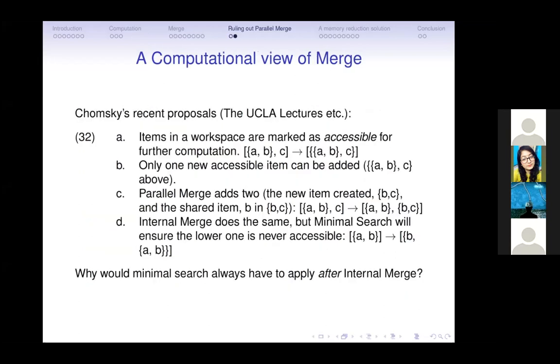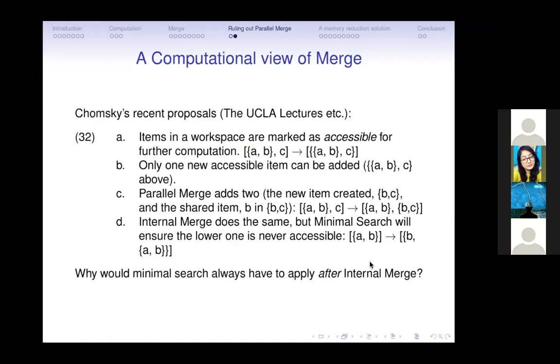There's a more recent proposal. So Chomsky has noticed this problem for a few years and has been arguing that actually there's another way of ruling it out. I'm not going to take you through that either, unless you want to ask me in the questions or email me about it. But I think that Chomsky's mode of ruling this out ends up actually being fairly complex, right? I mean, really the crucial thing is the way he rules out parallel merge also really rules out internal merge.